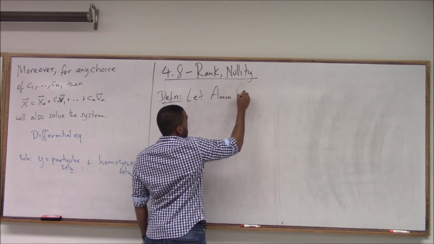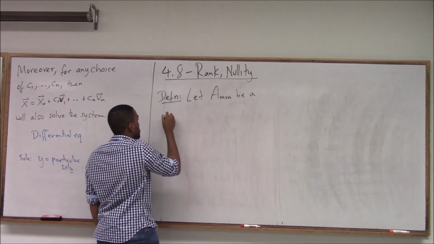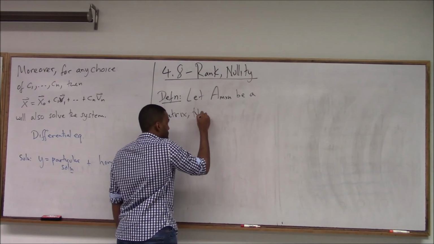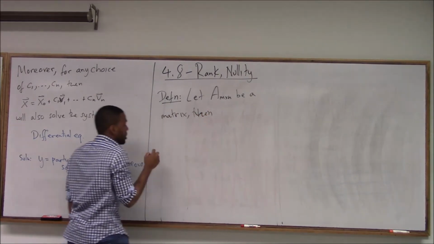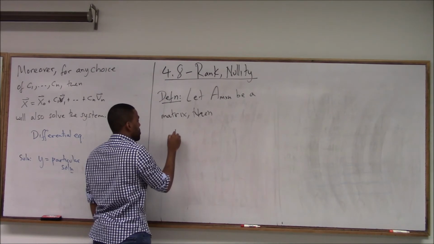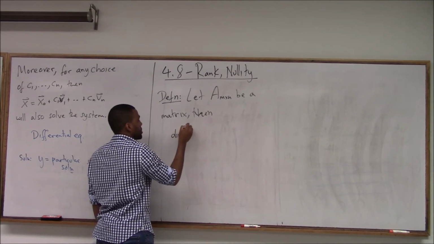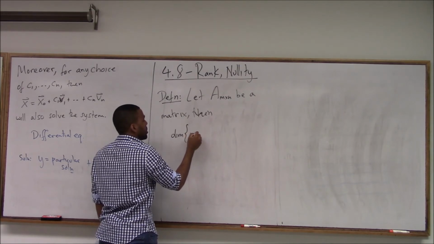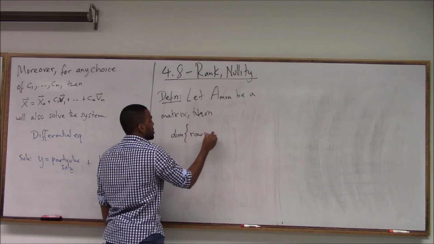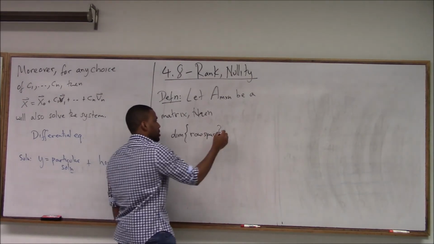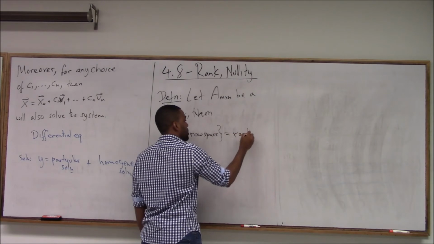Let A be an m by n matrix, then if you take the dimensions of the row space, this is what we call the rank.